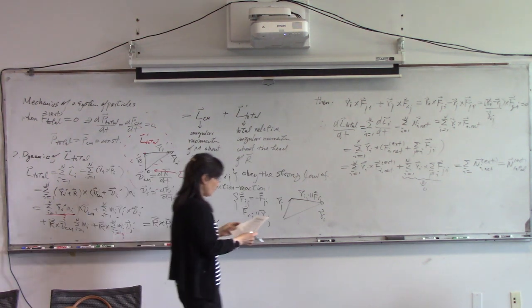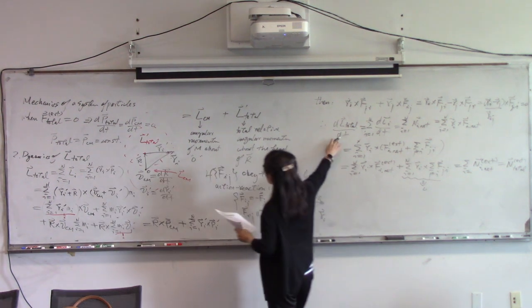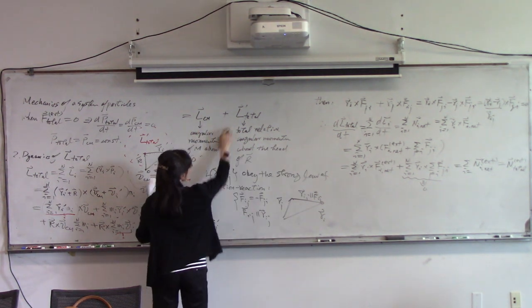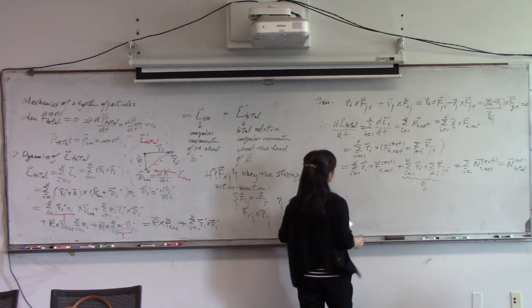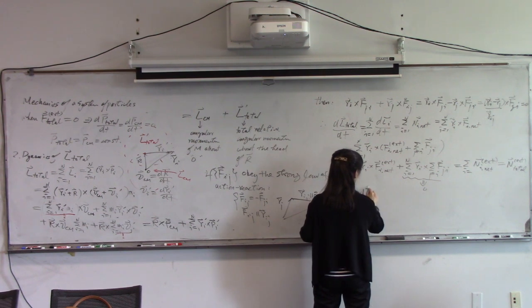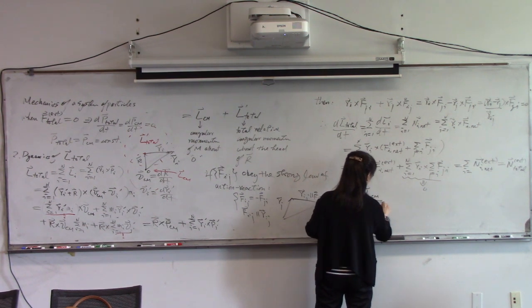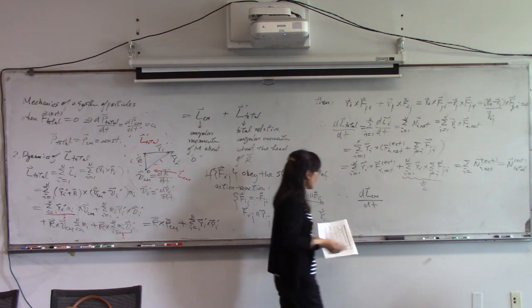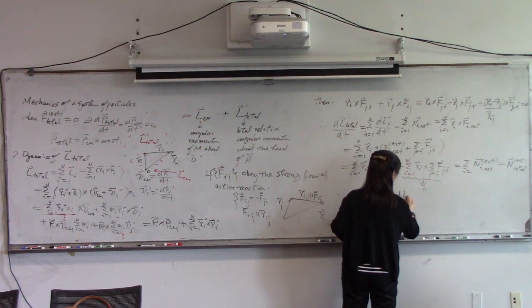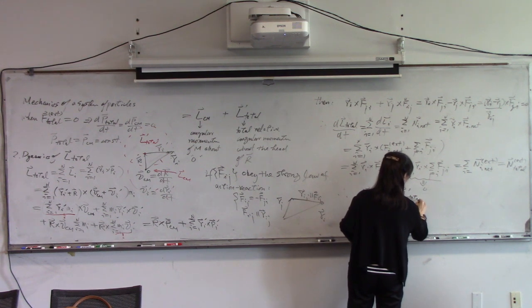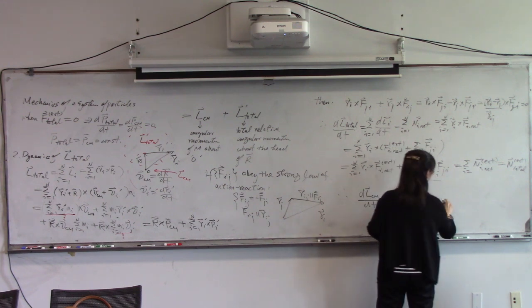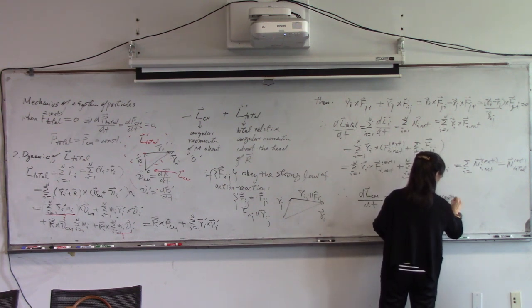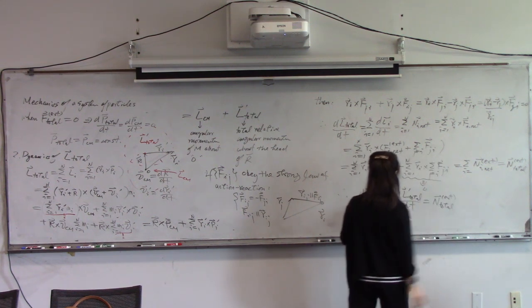So we have this. Now, keep in mind, this total angular momentum has two parts, so we have to write it this way. The total angular momentum includes the angular momentum of the total mass concentrated at the center of mass, plus the total relative angular momentum, and that is controlled by the total external torque, or net, whatever you use, total net.